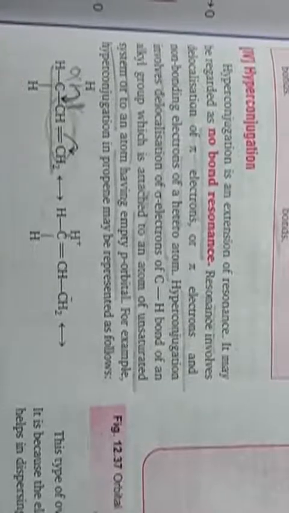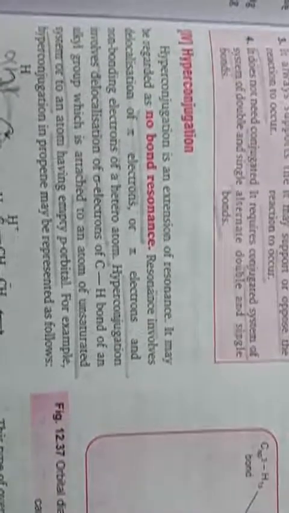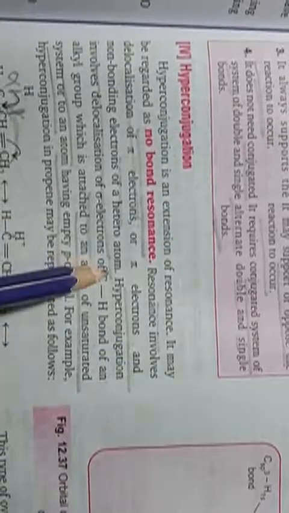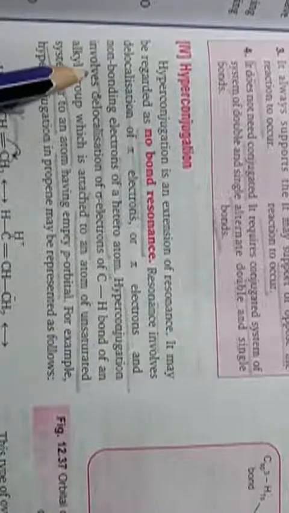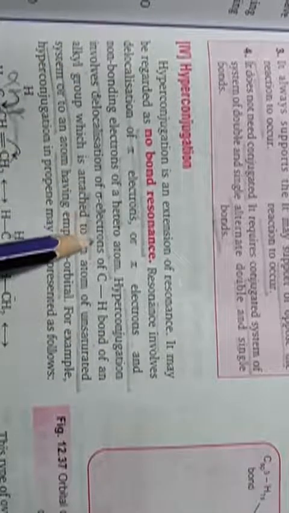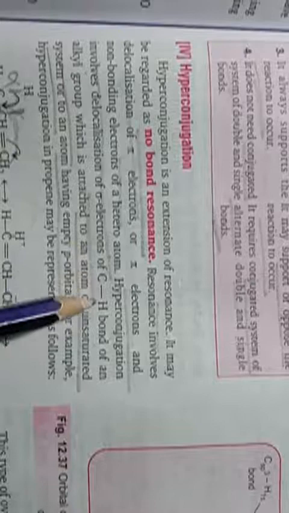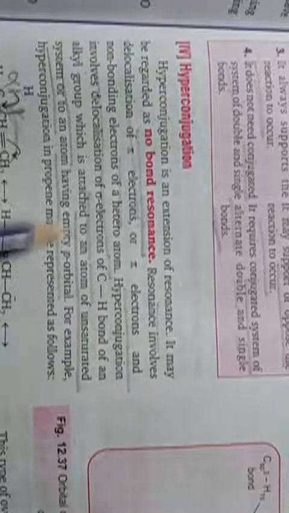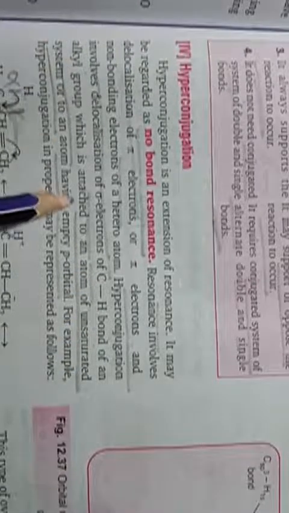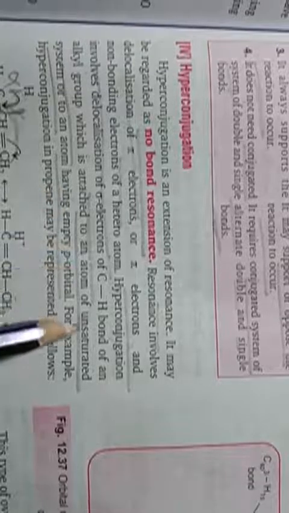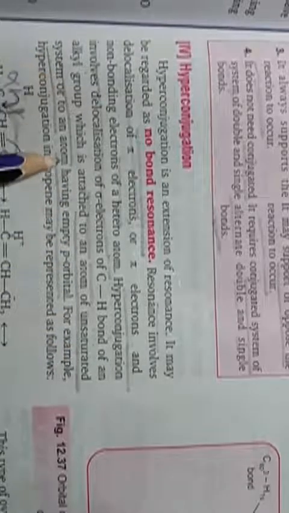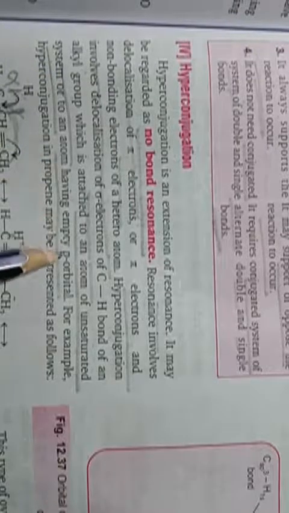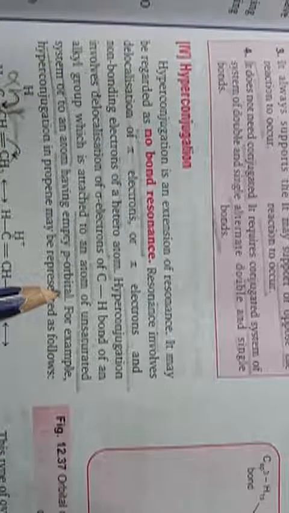Okay students, so what happens here? Hyperconjugation involves delocalization of sigma electrons of the sigma CH bond of an alkyl group which is attached to an atom of an unsaturated system or to an atom having an empty p orbital.